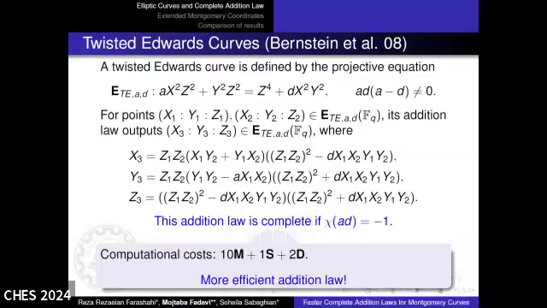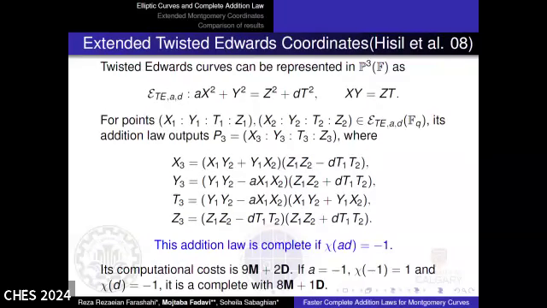But we are looking for more efficient addition laws. In 2008, Hisil, in his PhD thesis, introduced twisted Edwards coordinates. In these coordinates, a twisted Edwards curve has such equations. In fact, it's the intersection of two varieties, and the addition law has such a formula. This addition law is complete under the same condition as the previous case, if the product AD is a non-square element, but it's more efficient.